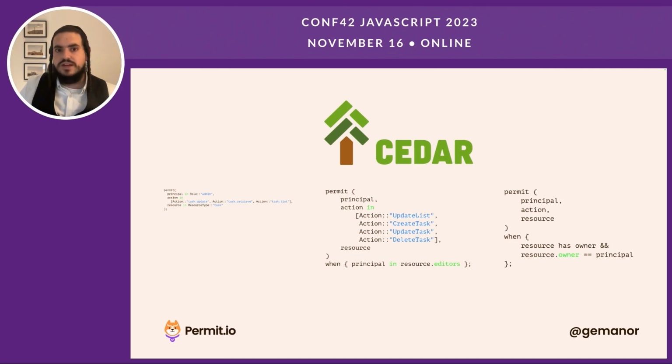On the left-hand side is a more sophisticated ABAC rule: if a resource has an owner and the owner is a principal, then we allow something. The one in small letters is an RBAC policy, like we say, only a user with the role admin is allowed to do something.